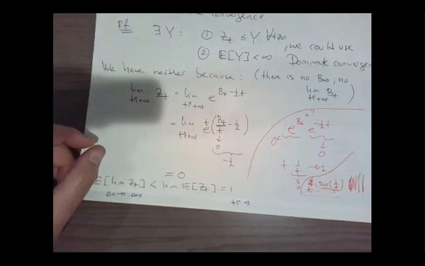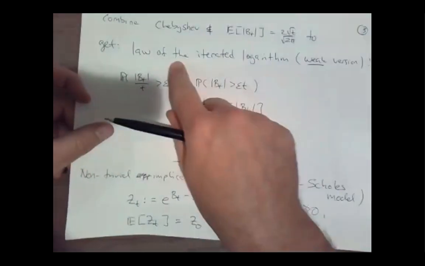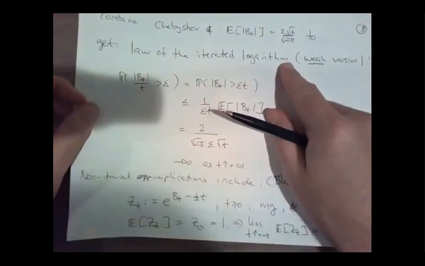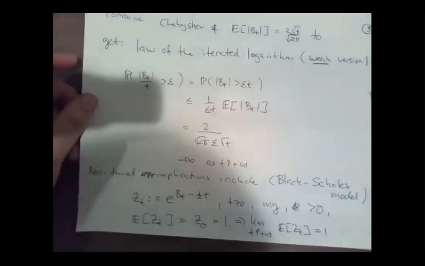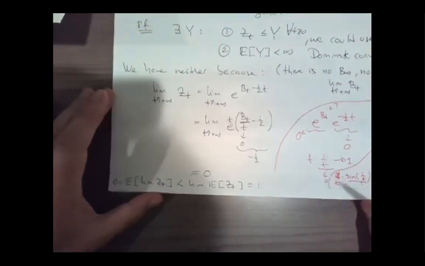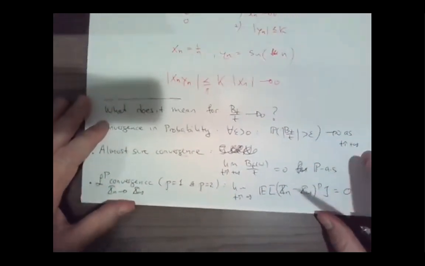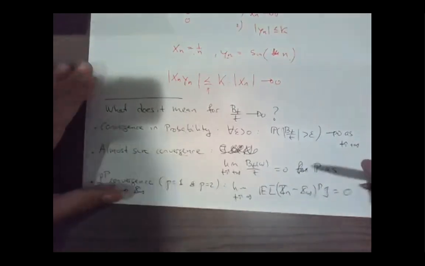The upgrade to move into the actual law of the iterated logarithm is quite a bit harder. I'm not asking you to keep track of these various modes of convergence.